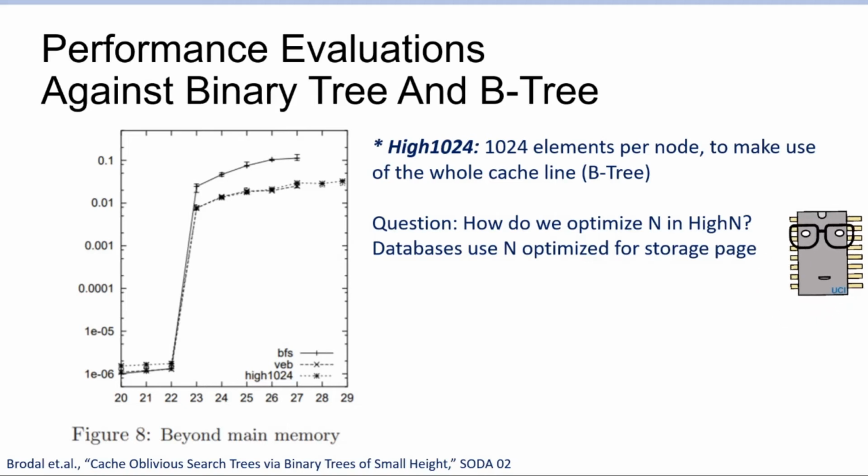Yes, because the question is, how do we optimize for n in a B tree? If we know that we're going to access storage, we need to choose a very high n, for example, 1024, to match the granularity of storage page accesses. Databases often use n's optimized for storage pages because optimizing for hiding the storage access latency is one of their biggest goals.